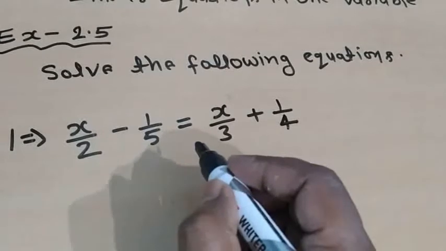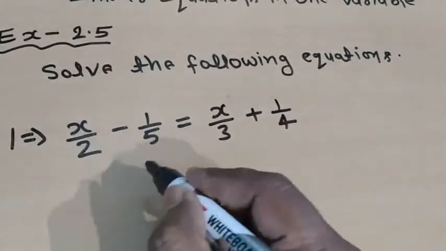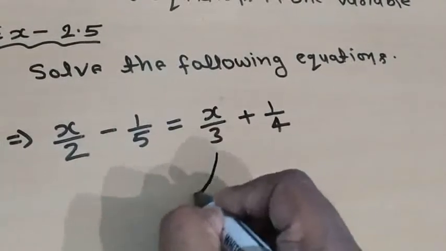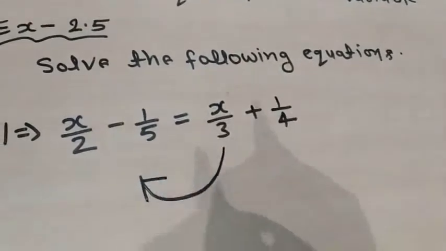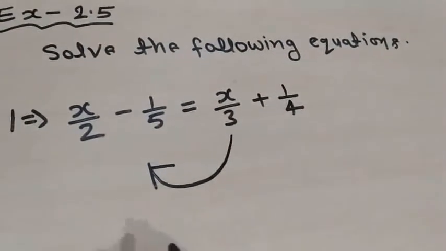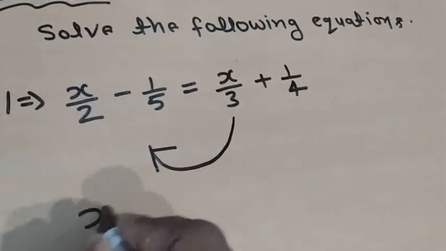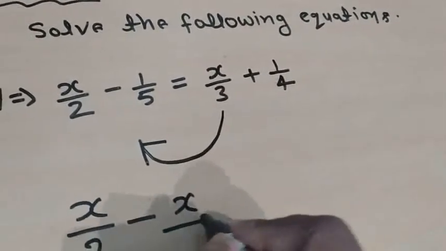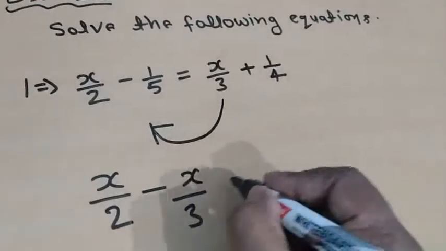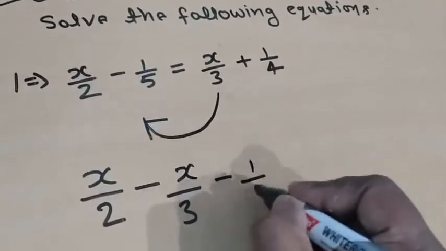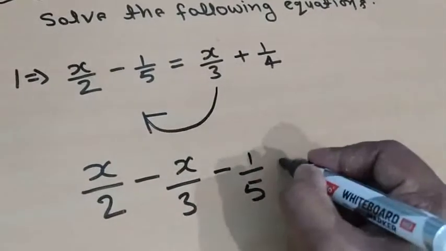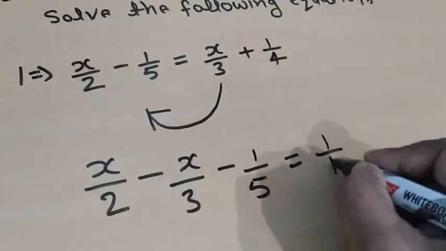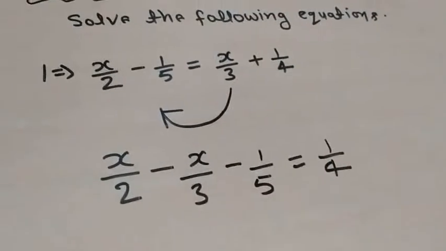We write the variable on one side and the constant on the other side. So it becomes x by 2 minus x by 3 minus 1 by 5 is equal to, you have 1 by 4 on the right hand side. Clear?